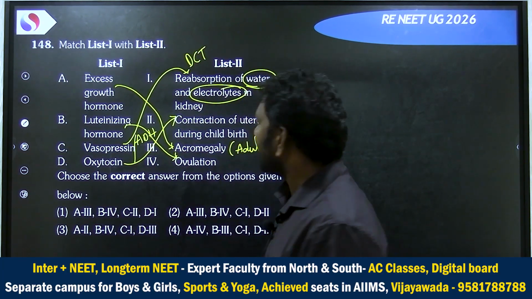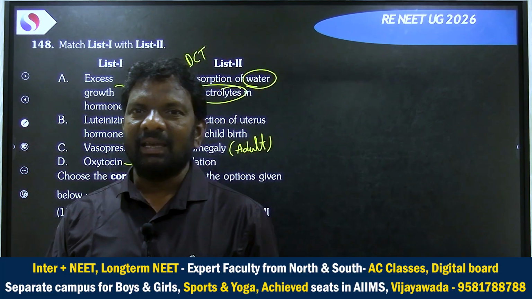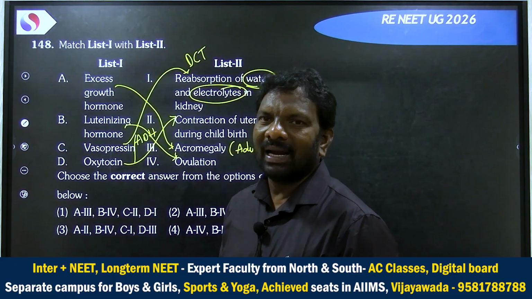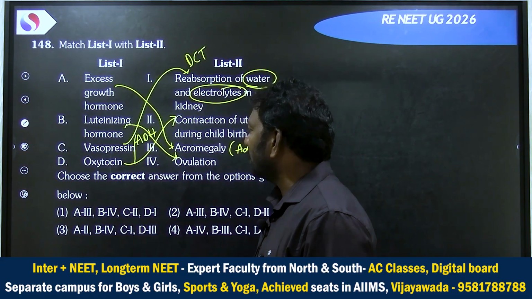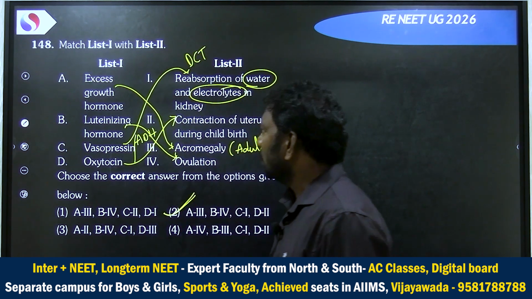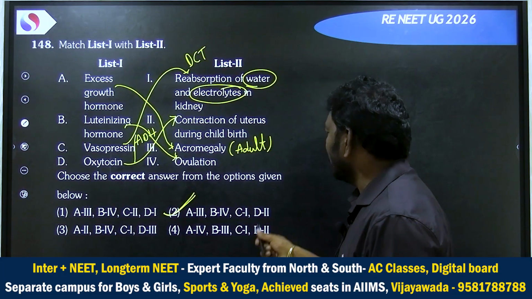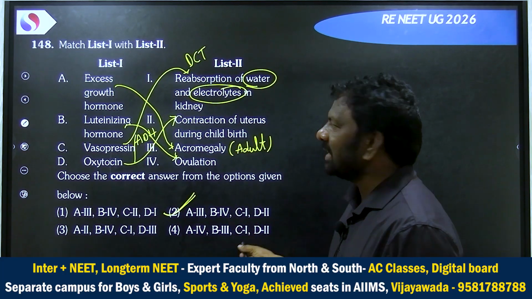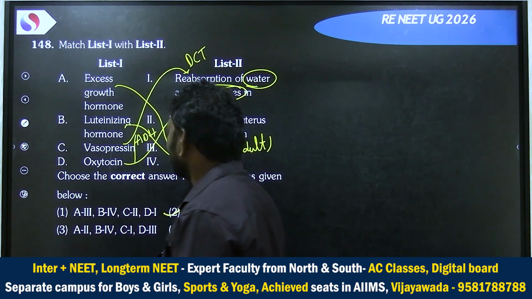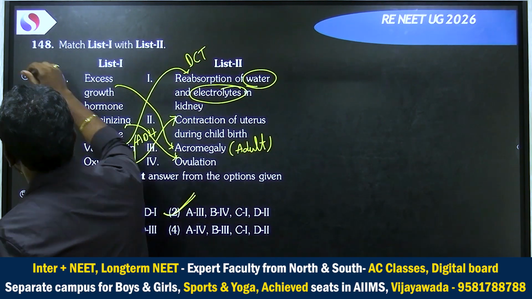Oxytocin causes contraction of the uterus during childbirth. That's why oxytocin is called parturition hormone, and it is also a milk ejecting hormone. Based on this, the second option is right: A is 3, B is 4, C is 1, D is 2. We never lose the matching question. This one is related to chemical coordination and integration.